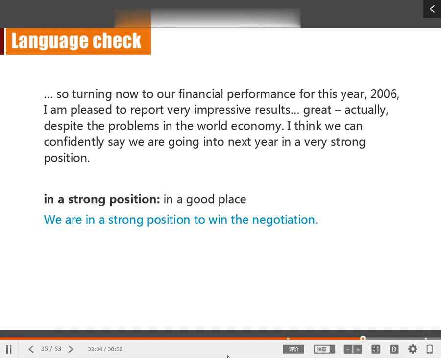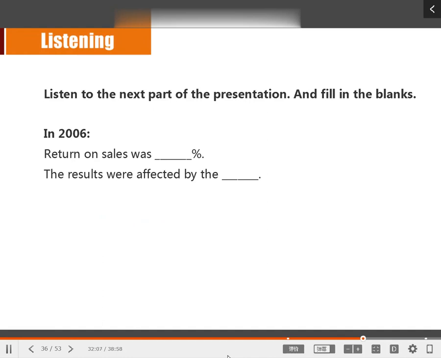Now here, let's listen to the next part of the presentation and fill in the blanks. Ready? Here we go. The turnover for the whole year was £32.4 million, and we've continued to enjoy a high rate of profitability. If you look at the bar chart on the screen, you can see that in 2005, the return on sales was 17%, and that figure has remained exactly the same this year.